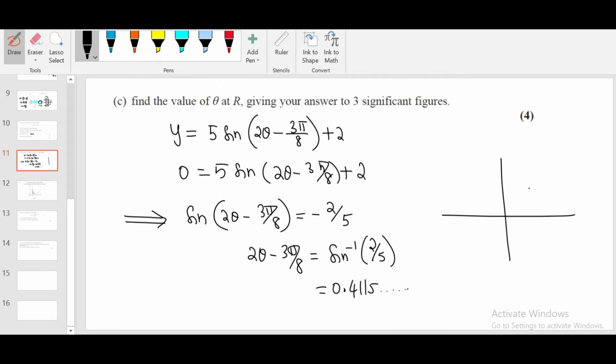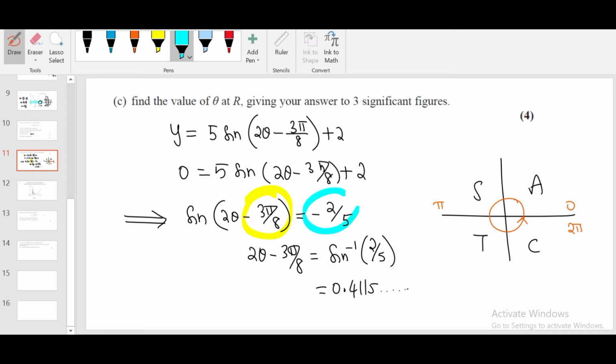Okay, you need to use the CAST diagram. Now listen to me carefully. In the method I'm teaching, you can go through my video and learn the method if you want. Since you have minus 3 pi over 8, we are starting it from 0. This is 0, pi and then back to 2 pi here. Sign will be negative in here and here.